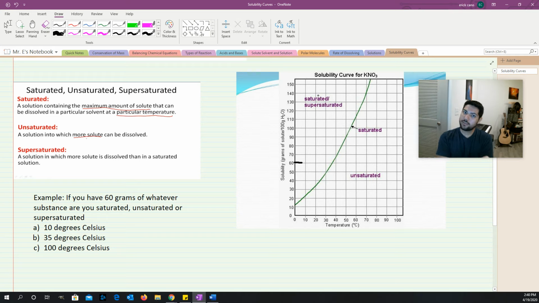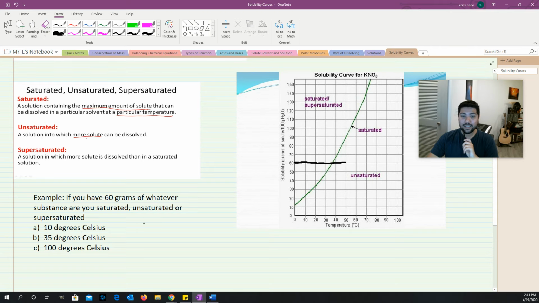So let's look at the example. Okay. Example, if you have 60 grams of whatever substance, are you saturated, unsaturated, or supersaturated? Okay, well, let's do it. 60 grams, I did it. I'm just going to do a giant line, because why not? For now.